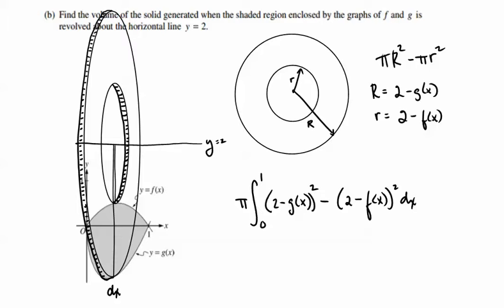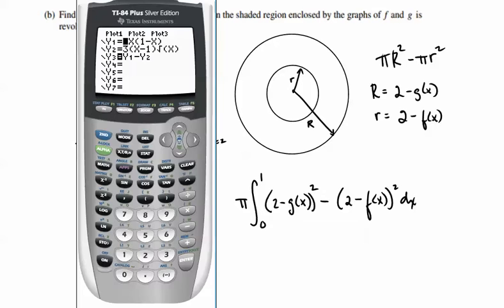So I'll bring in the calculator and show how we could use that to set this up. We already have our two functions in there, y1 and y2. Now we can go in and adjust y3 if we wanted to, but let me put in a new function here instead. I'm going to start with pi, and then put in two parentheses so that the pi is applied to everything.